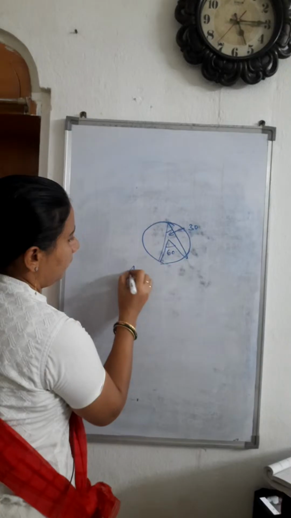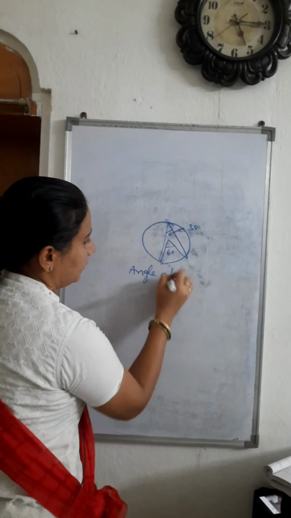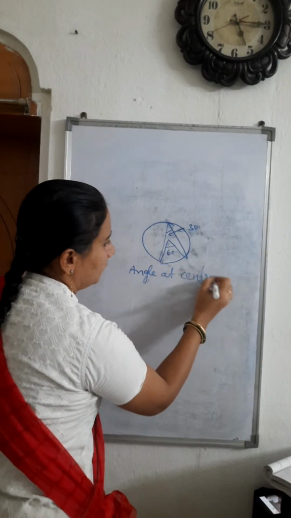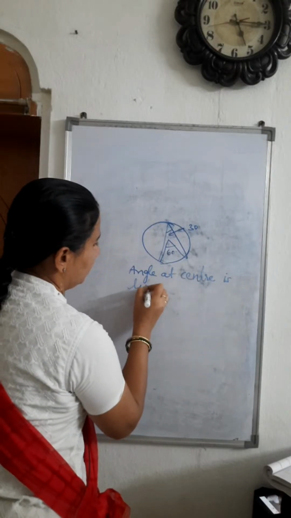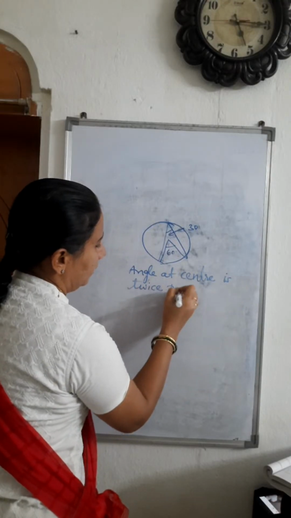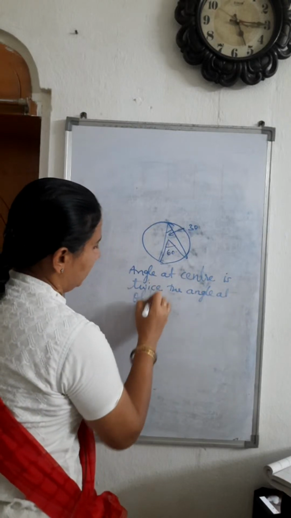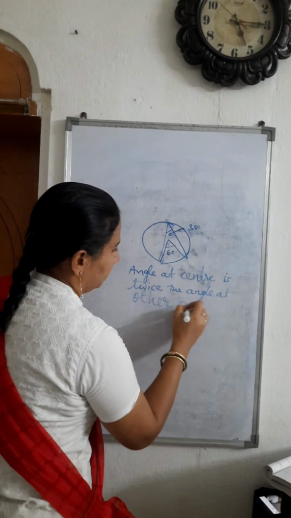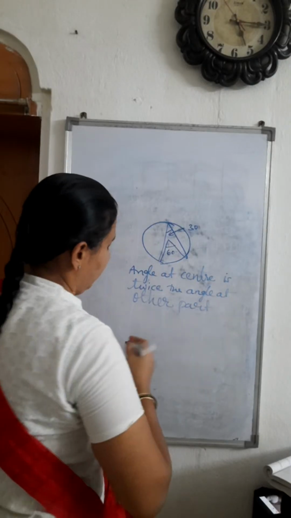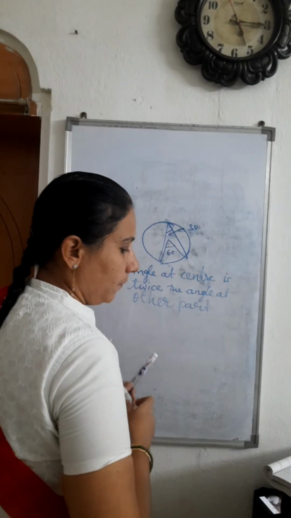So this we call angle at center is twice the angle at other part of circle.